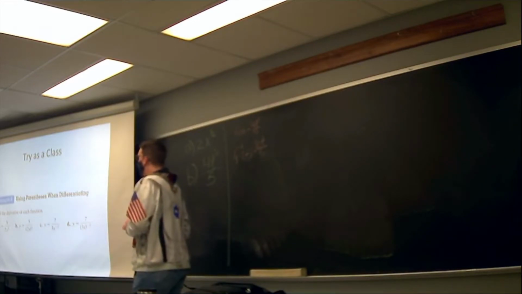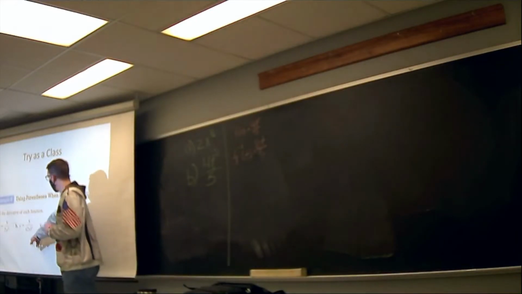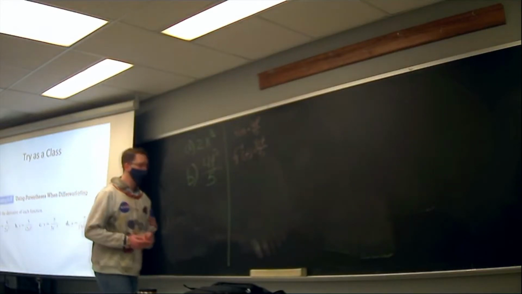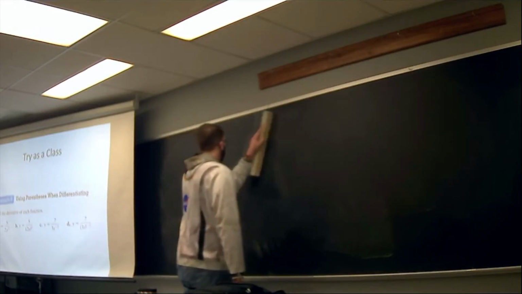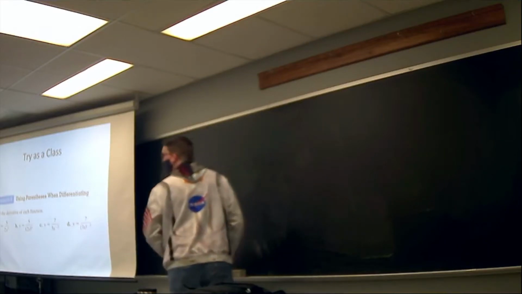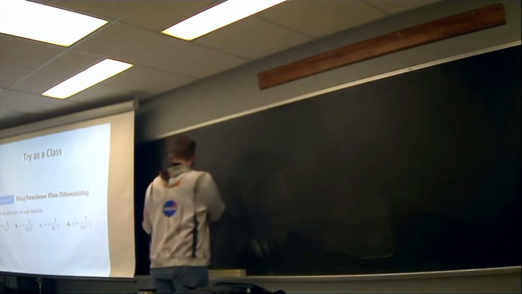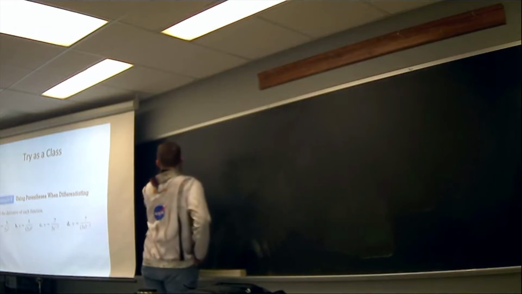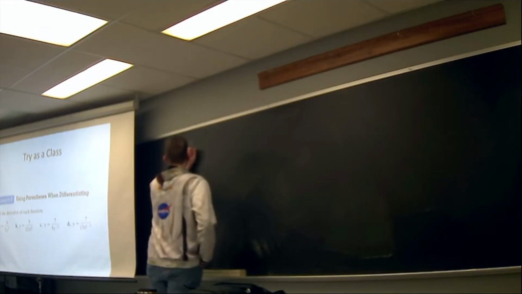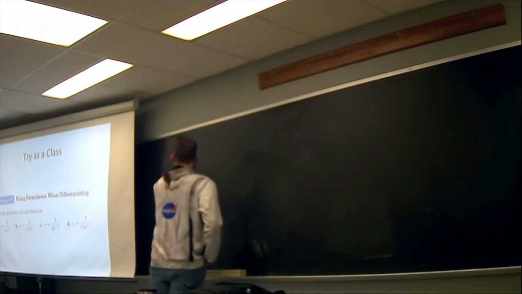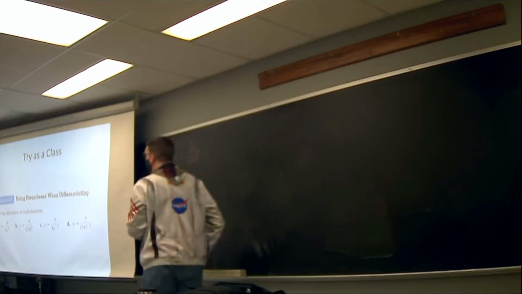So let's check out B here. So what we've got for B is y is equal to 5 divided by 2x, that quantity raised to the 3rd power.